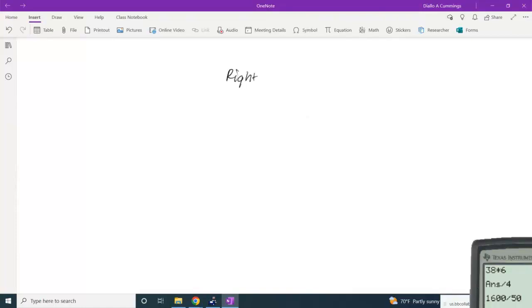So in a right triangle, notice you're going to see this box. That little box indicates that that is a right angle. And a right angle is a 90-degree angle.